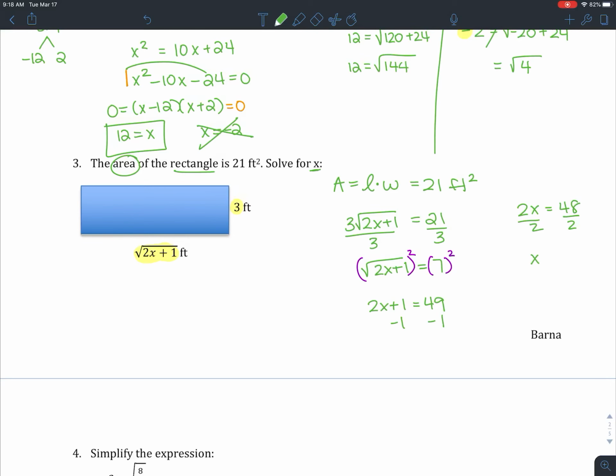Divide by 2, and we get that x equals 24. Now, if I plug 24 back in, I could check. 24 times 2 plus 1, that's square root of 48 plus 1, 49. That's 7. 7 times 3 is 21. We're good.